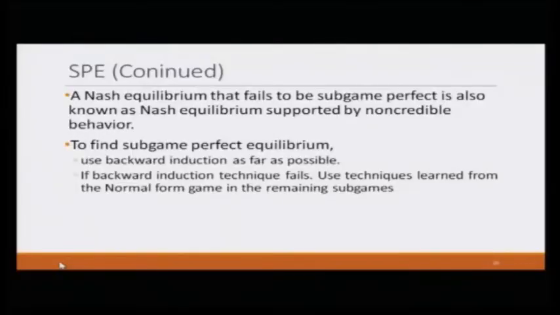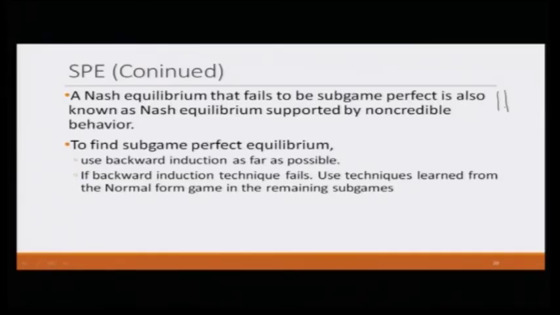This is something I am saying now, but I will revisit this statement in another module where we will talk about credibility. A Nash equilibrium that fails to be subgame perfect is also known as a Nash equilibrium supported by non-credible threats.